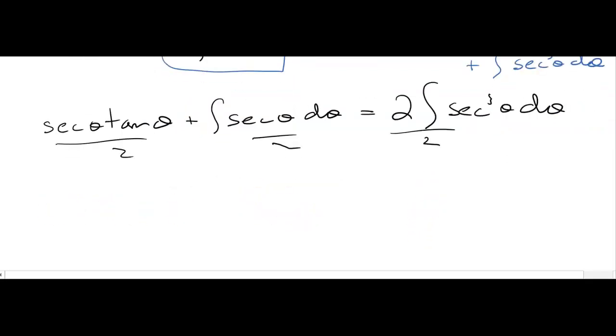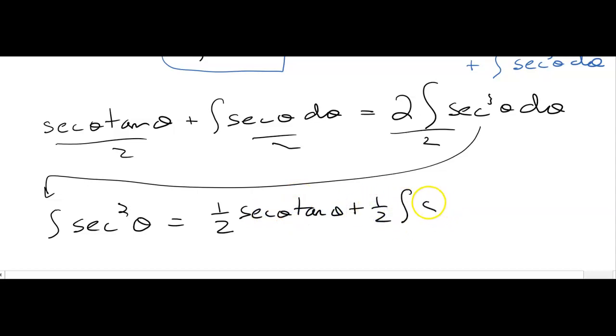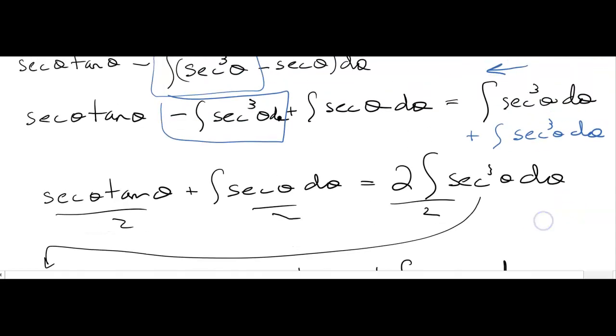And I'm going to move this over here. So now I have the integral of secant cubed theta equals 1/2 secant theta tan theta plus 1/2 the integral of secant theta d theta plus c. We'll put our plus c in at the end.